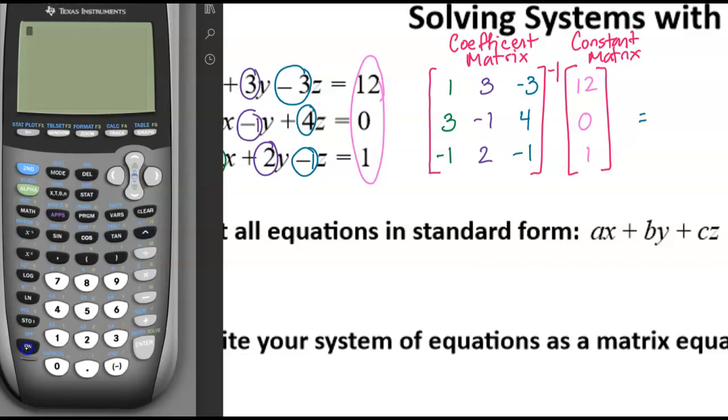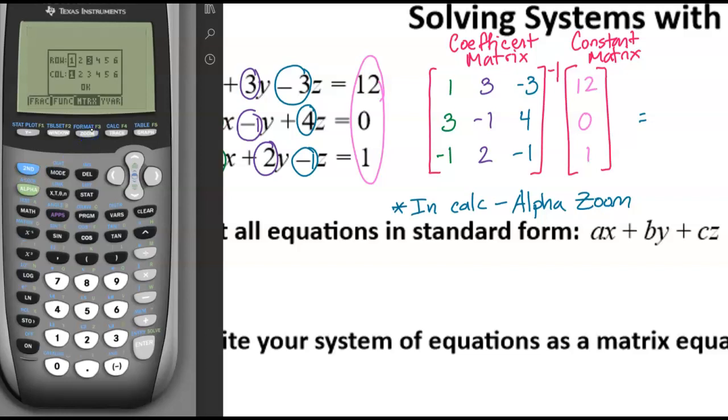In order to get a matrix on your calculator, in calc, you hit alpha, zoom. Alpha, zoom. And there should be a little window that pops up asking you how many rows and how many columns are in your matrix.